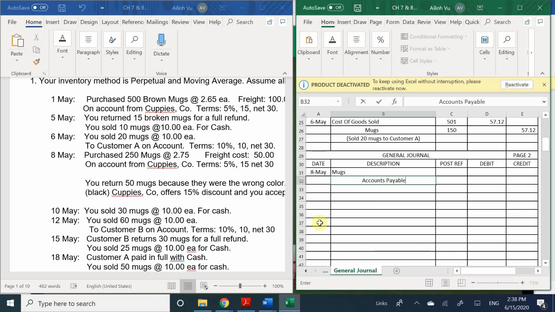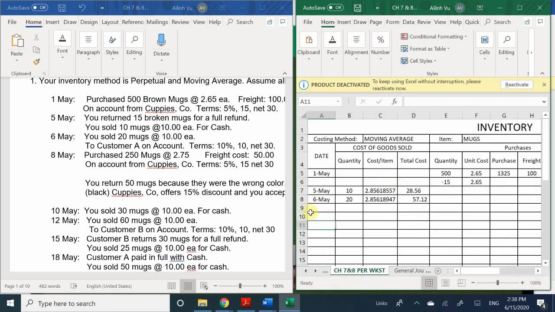In this case, I'm going to go to the worksheet, so I don't have to do the calculation twice in my calculator. On the 8th of May, we purchased 250 items at, how much did it cost for each one? $2.75.